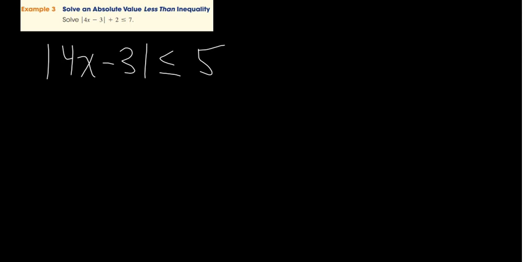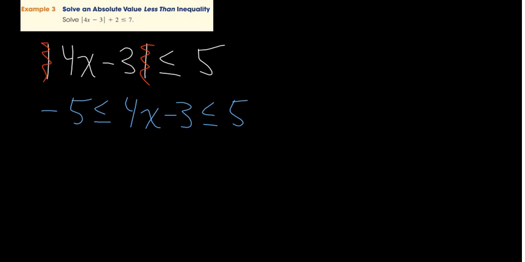So we drop the absolute value symbol and put a negative 5 on the left side, with the less than or equal to, then 4x minus 3, and the 5 on this side. Notice what I did: I took off the absolute value symbols, put the inequality out here, and negative 5 to the left of it. That's literally all you have to do for these less than or equal to's.